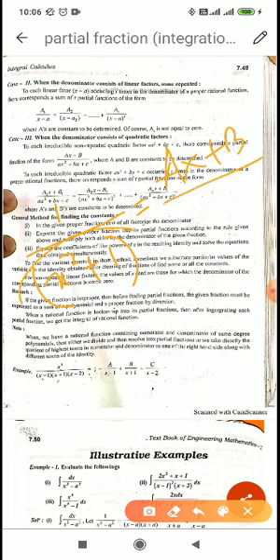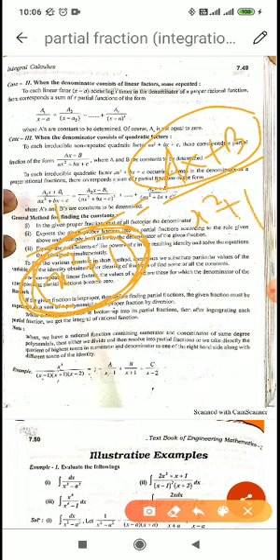Remember that only if the denominator is a quadratic equation and we cannot make it into linear factors, then we can go for ax plus b by x square plus 1.